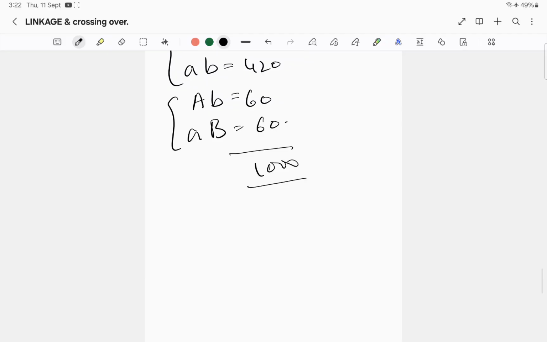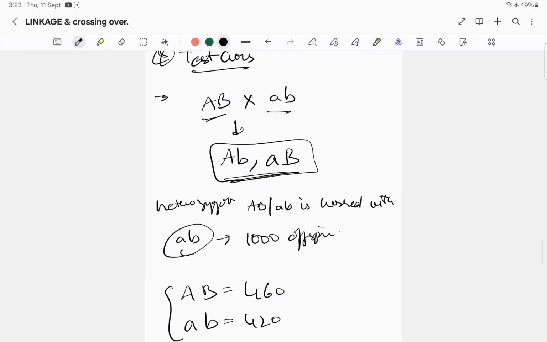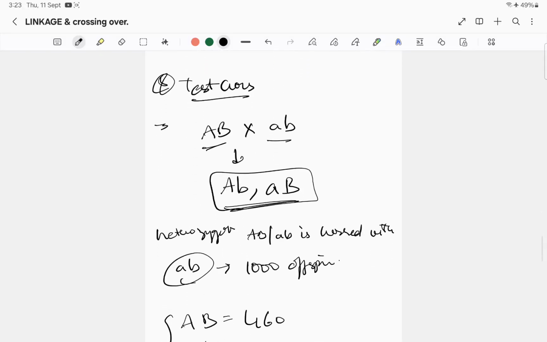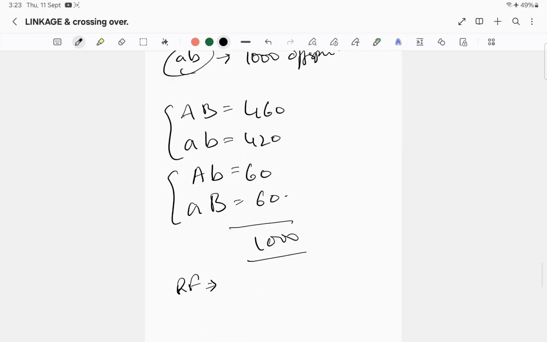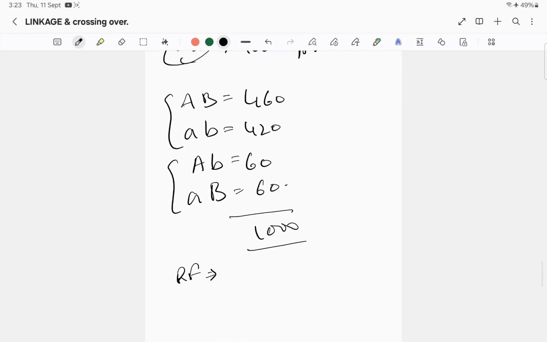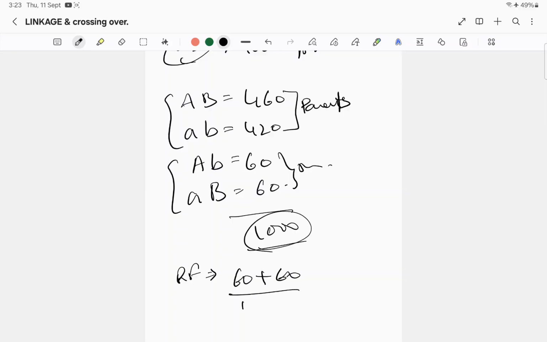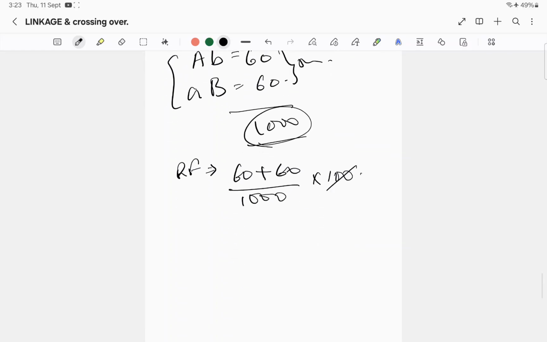So what is the recombination frequency formula? Number of recombinant offspring divided by total number of offspring times 100. As these both are parents, these both are recombinants. So 60 plus 60 divided by total, which means 1000, times 100.